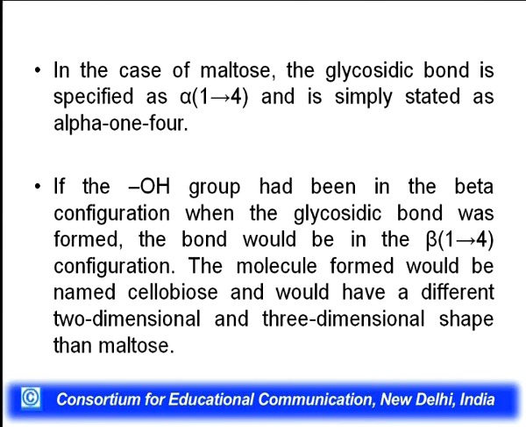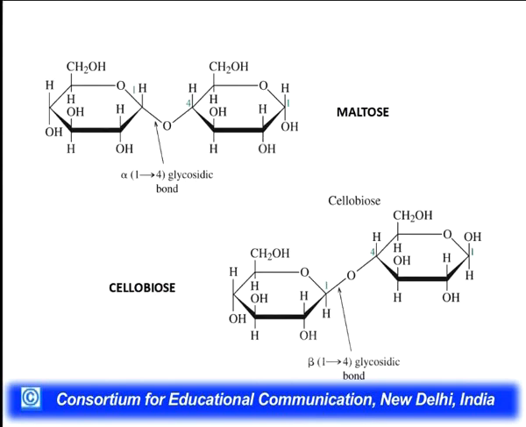So that means we've changed the configuration around the anomeric carbon, and when we do so, we'll get a different molecule altogether, which is cellobiose. And cellobiose would have a different two-dimensional and three-dimensional shape when compared to maltose, and its physical properties would also be different.